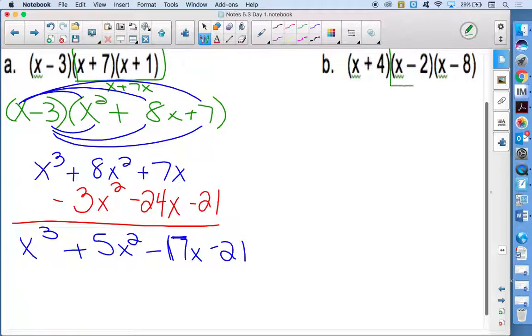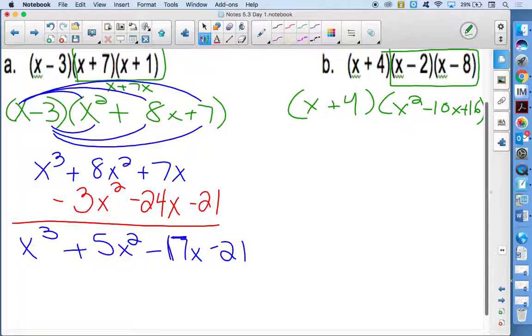First do these two. Okay. You get x squared minus 10x plus 16, and then you have x plus 4. Alright, so that's your first step, or second step, depending on how you see it.